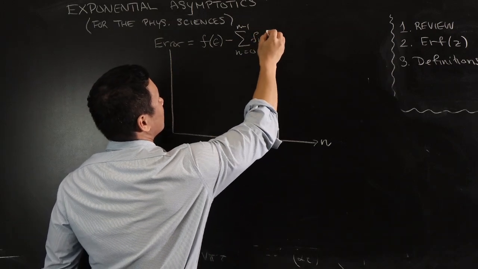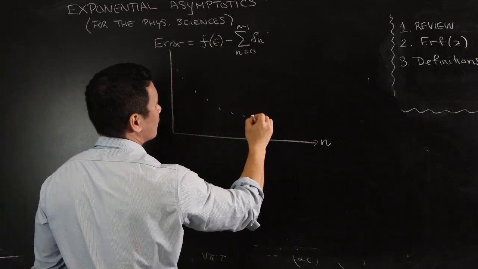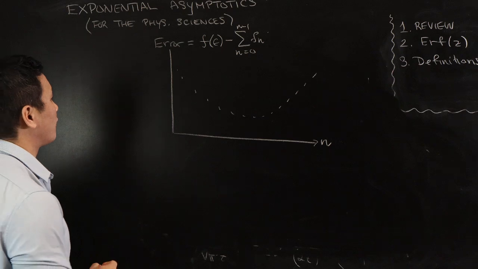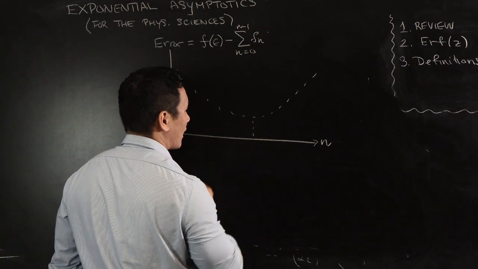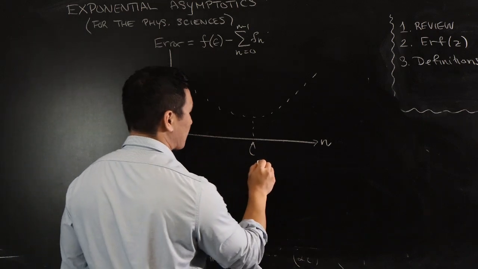And this is fn. Then typically the behavior that you get is like that. It's a somewhat universal behavior where it converges rapidly. And then this point here that we're going to revisit often is called the optimal truncation point.